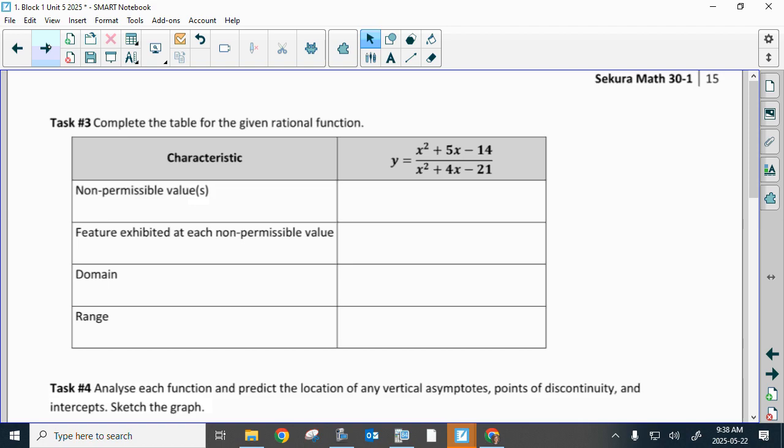We're not going to graph this. We're just going to talk about it. What are your non-permissible values of this function? Factor the numerator, factor the denominator. State the NPVs, and then I want you to give me the feature exhibited at each NPV.